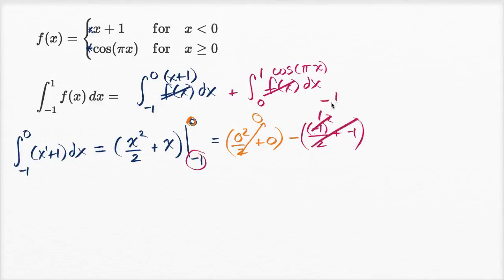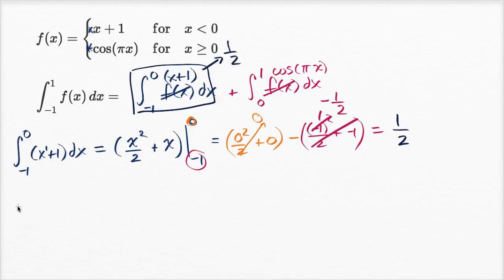So all of that is -1/2. But then we're subtracting -1/2. 0 minus -1/2 is going to be equal to +1/2. So this first part right over here is +1/2.